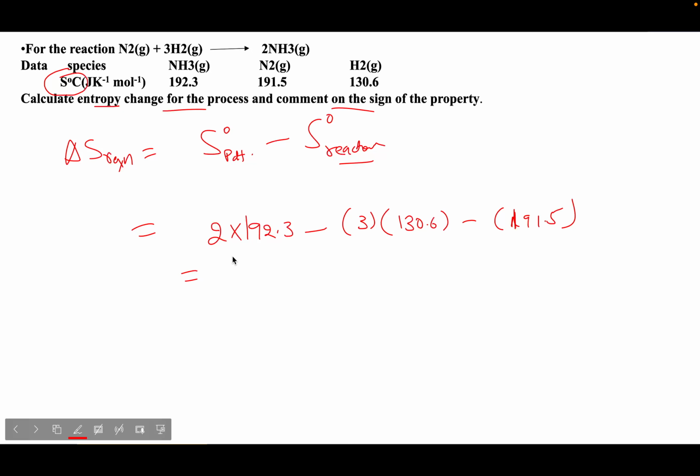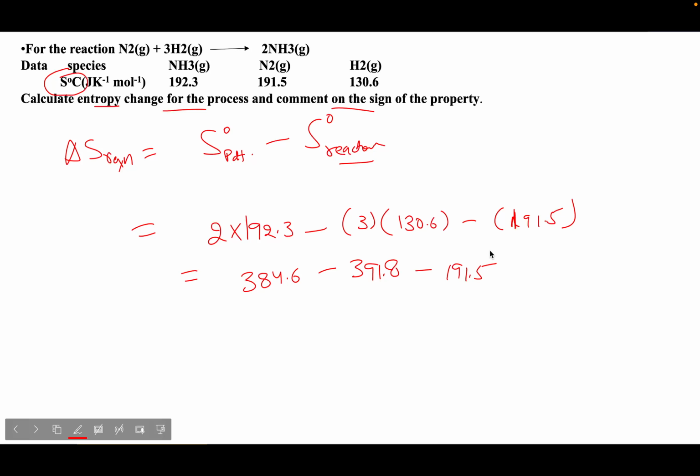So we'll calculate this. 192.3 into 2 is 384.6, 3 into 130.6 is 391.8, and this is 191.5.